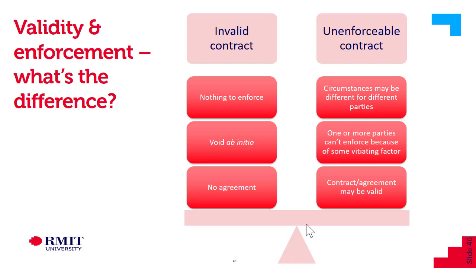So again, let me use the child example. If a contract with a child is an invalid contract, if it's void ab initio, then everybody gets their money back and gets to their starting point. But if it's an unenforceable contract, the child might be able to keep the goods, and you just can't enforce the requirement for them to pay for it. Quite different outcomes.